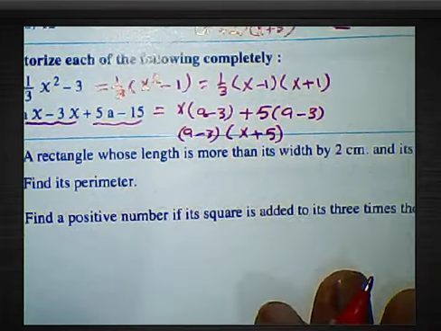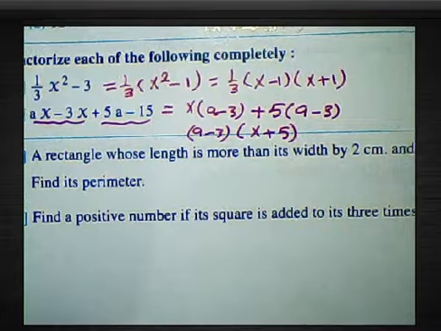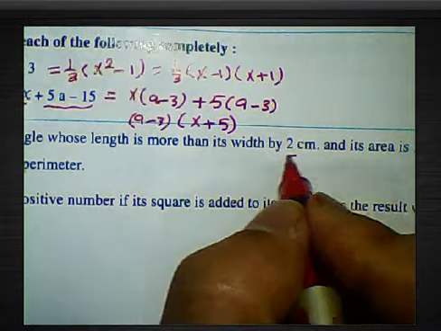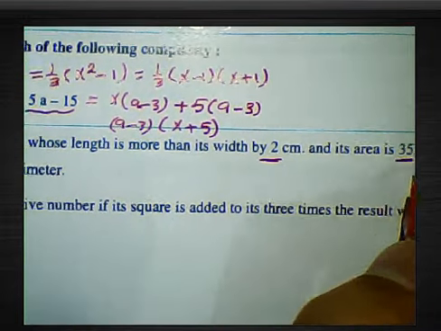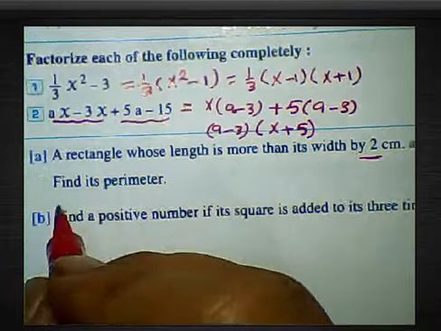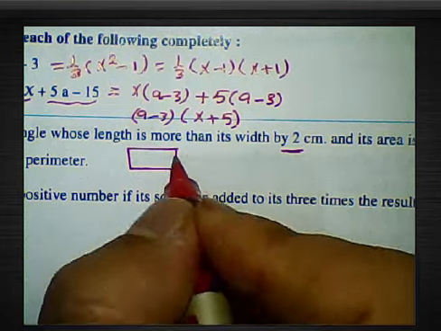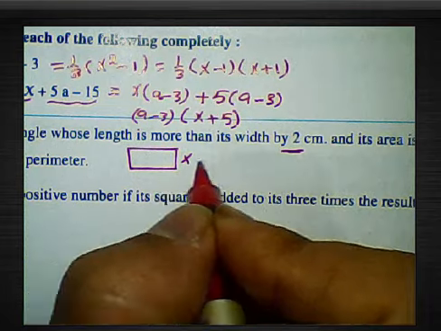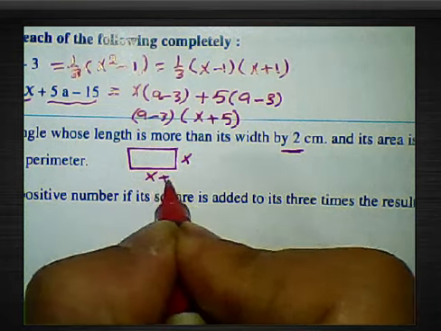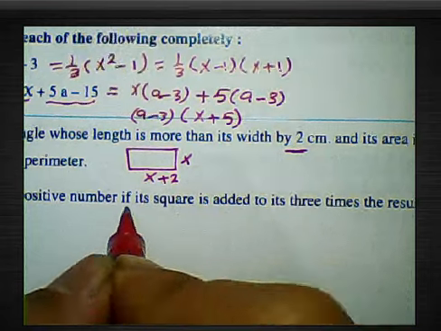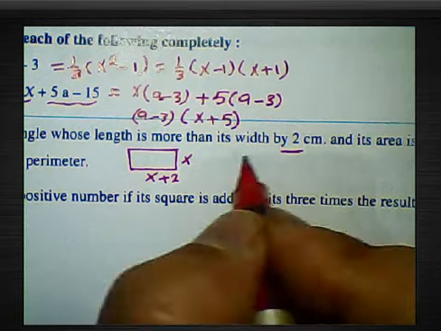Okay. Question number 3. A rectangle whose length is more than its width by 2 cm and its area is 35 square centimeters. Find the perimeter. We have a rectangle, the width will be x and the length will be x plus 2. And we know the area equals 35.